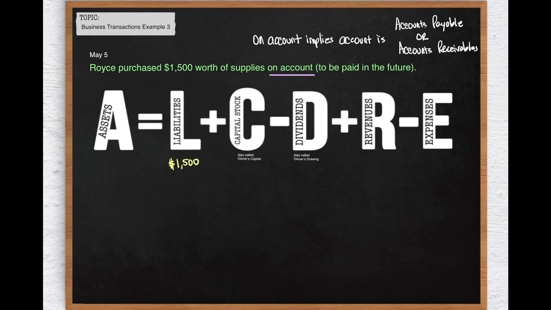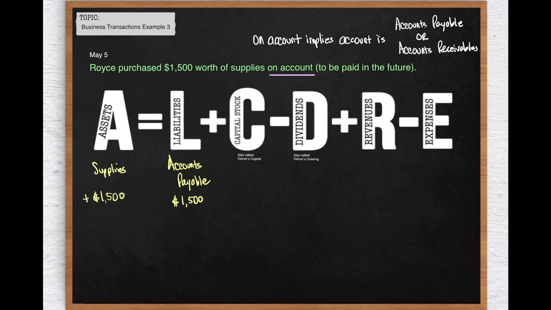Well, in this case, because he purchased supplies of $1,500, it's going to be accounts payable, because now he owes someone, a supplier or a vendor, $1,500 for those supplies. So when you see those words on account, you have to pick accounts payable because now he expects to pay in the future.